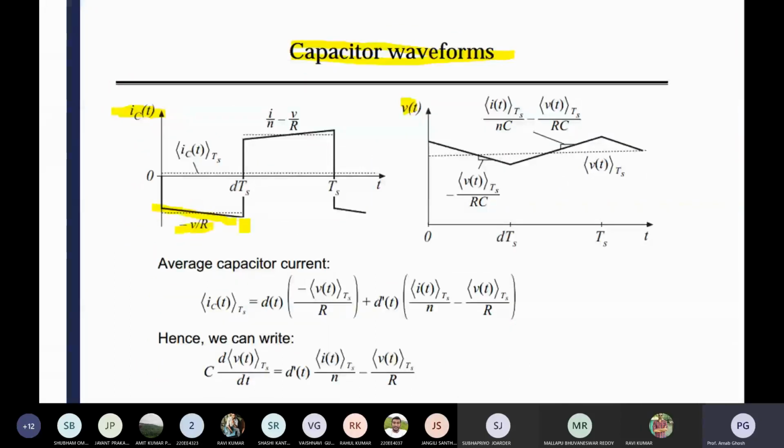Then for the second interval it is i by N minus V by R, so it is for the positive half. If you consider only the average value, the dotted line will be there.